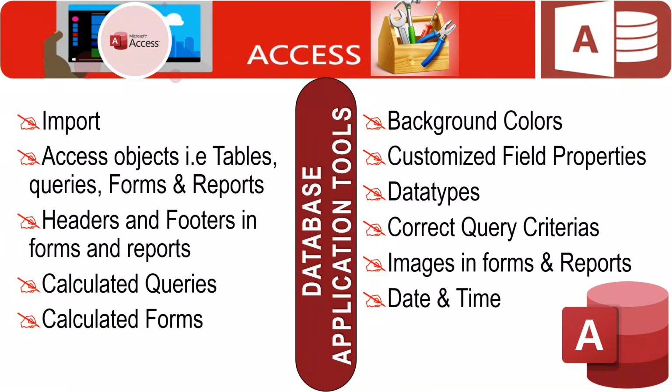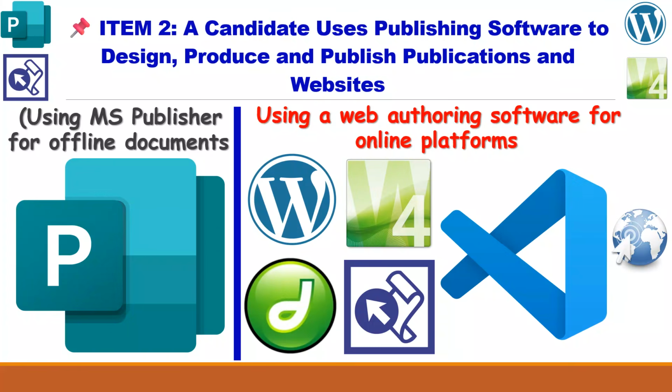Now, I would like us to look at item 2. Item 2 requires a candidate to use a publishing software to design, produce, and publish publications and websites. So meaning that a candidate is using MS Publisher to create and design offline documents.